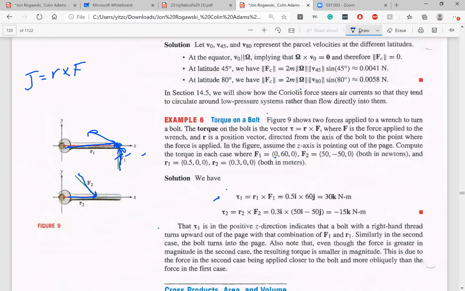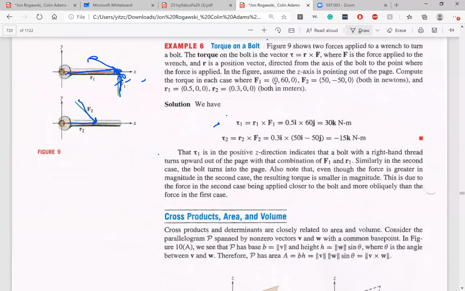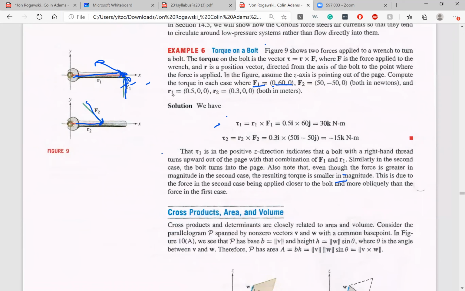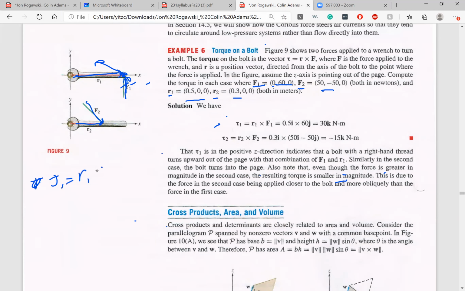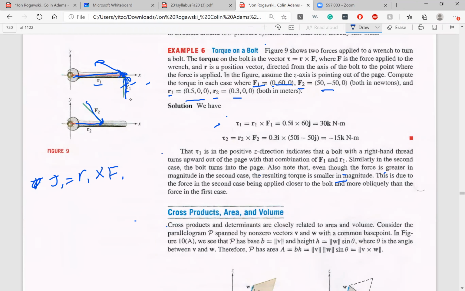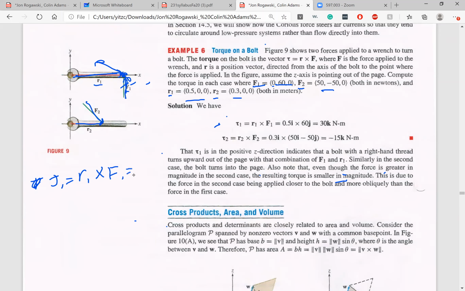So in this example, in the first case, F1, the first force, is equal to this vector, and R1 is equal to this vector. And in the second case, F2 is equal to this vector, and R2 is equal to that vector. So the first torque, T1, is going to be R1 cross F1.